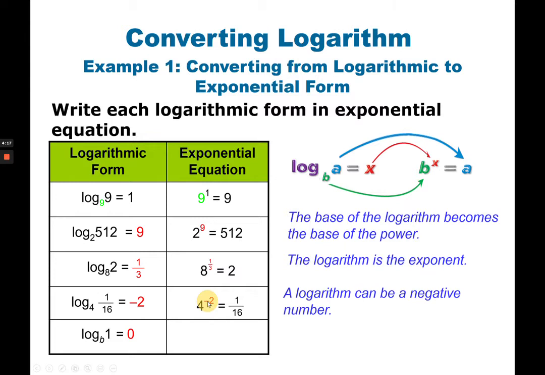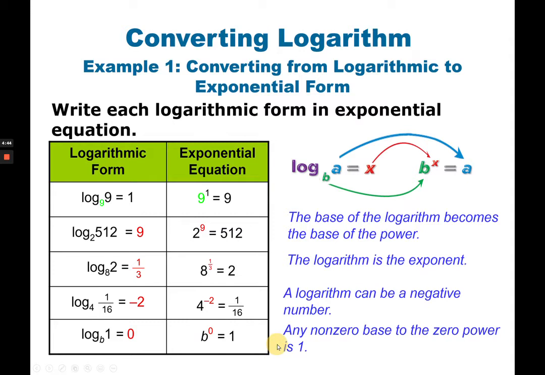It's actually explaining here: any non-zero base to the power zero is 1. b raised to 0 is equal to 1. Therefore, logarithm base b of 1 is 0. Any base, logarithm base of a number equal to 1, means the exponent is 0.